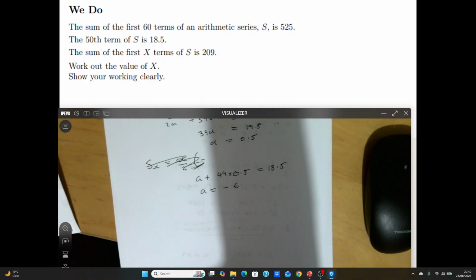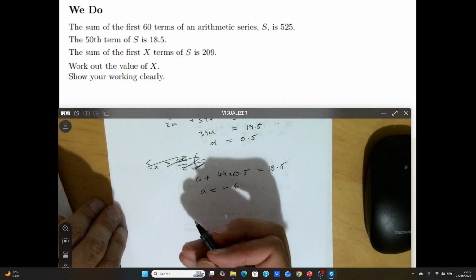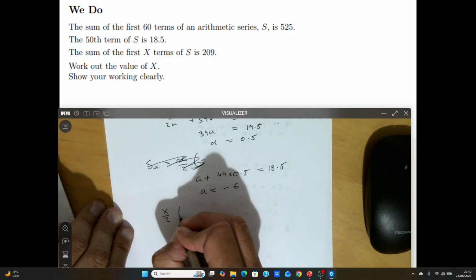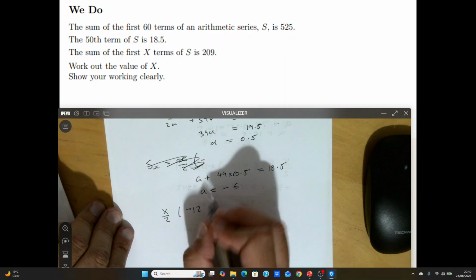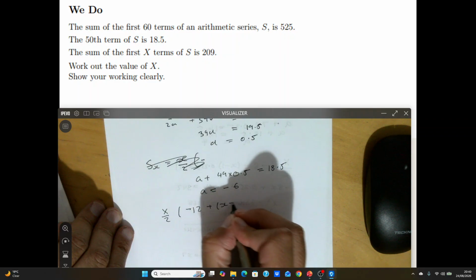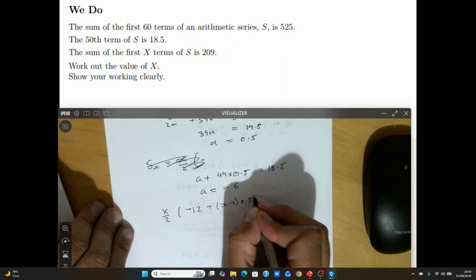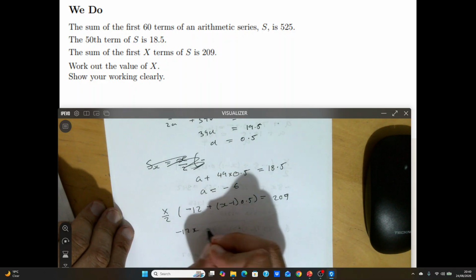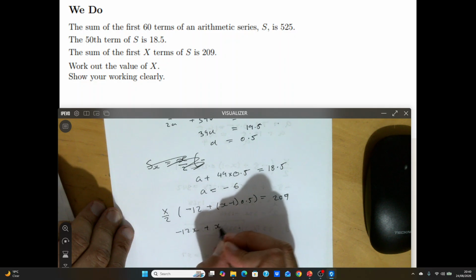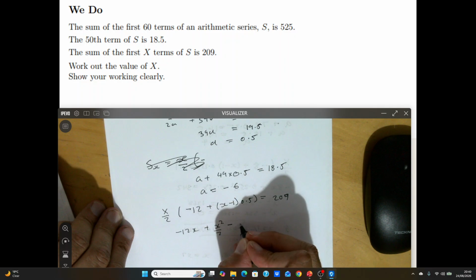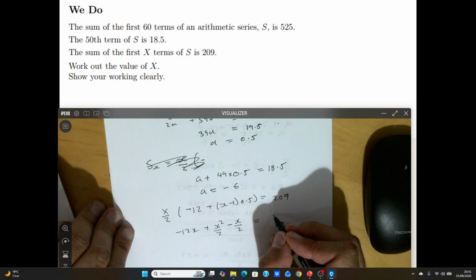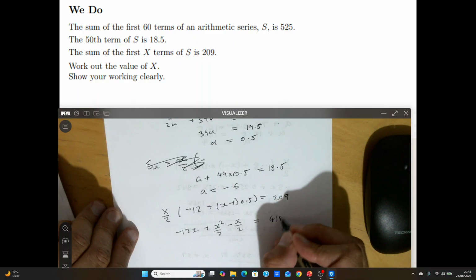So go on to the bit that I was going to do. Now you've got to use the sum of the sequence. x terms is 209. So x over 2 times 2 times that, plus x minus 1 times 0.5 equals 209. So minus 12x plus x squared over 2, take x over 2, equals 418.